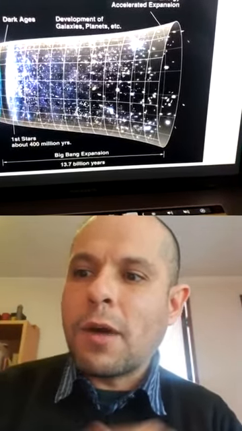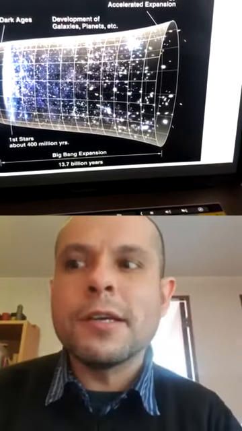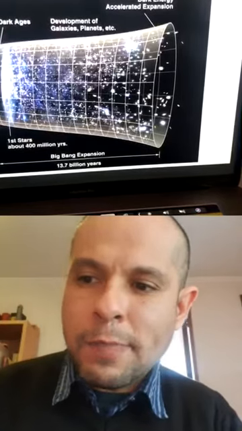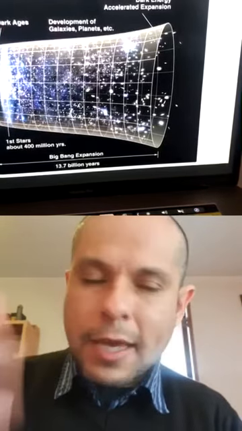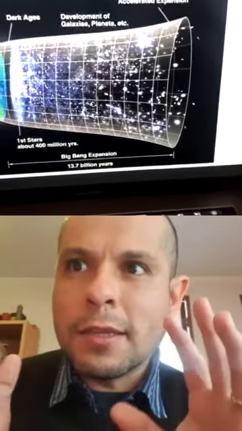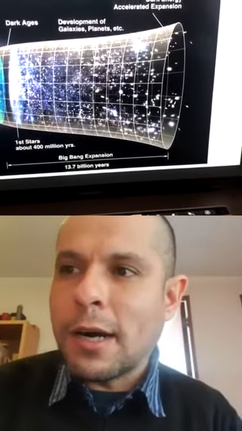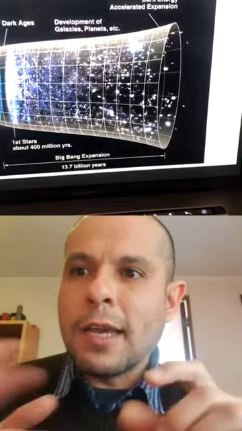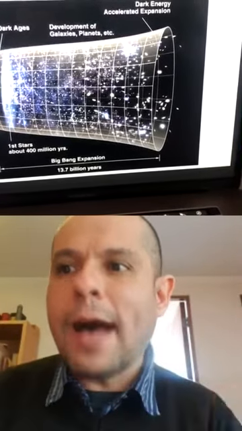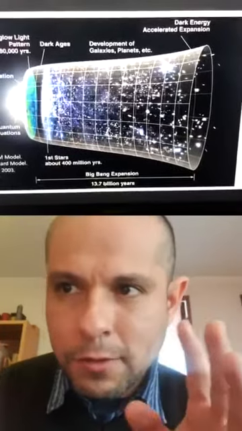Then after a while, 400 million years, the first stars form and the expansion continues. Galaxies and planets are created, and about 5,000 million years ago, dark energy started to accelerate the expansion. And that's our actual knowledge of the universe.